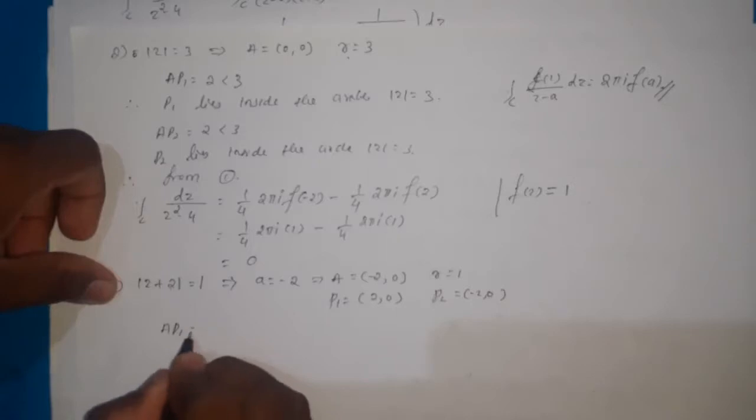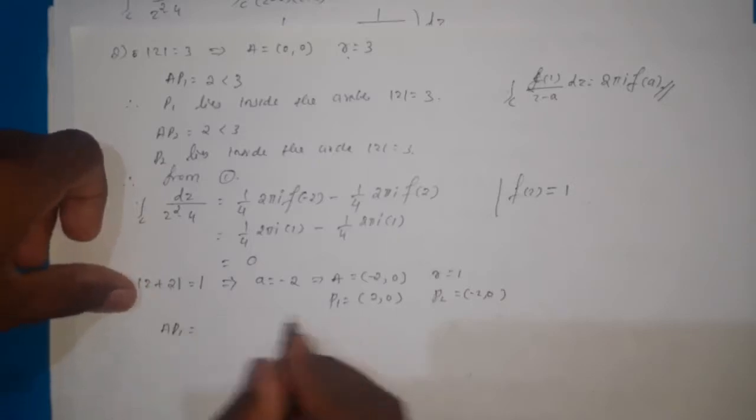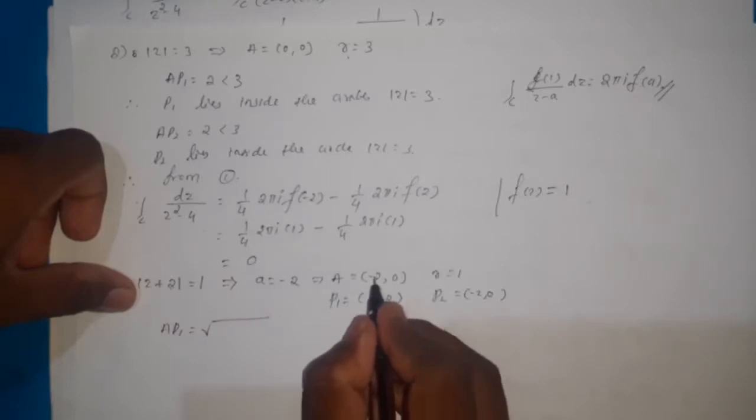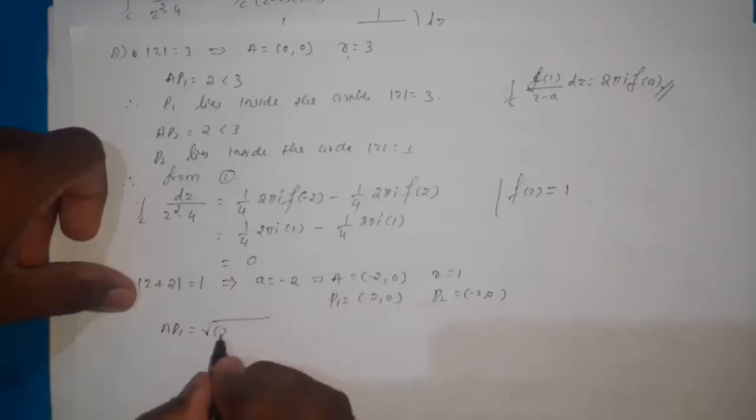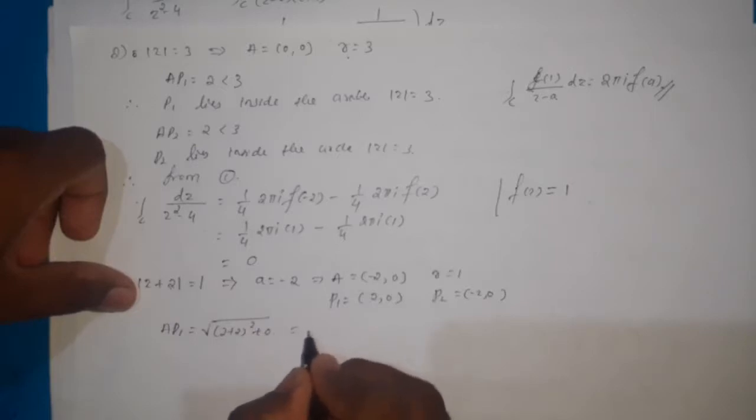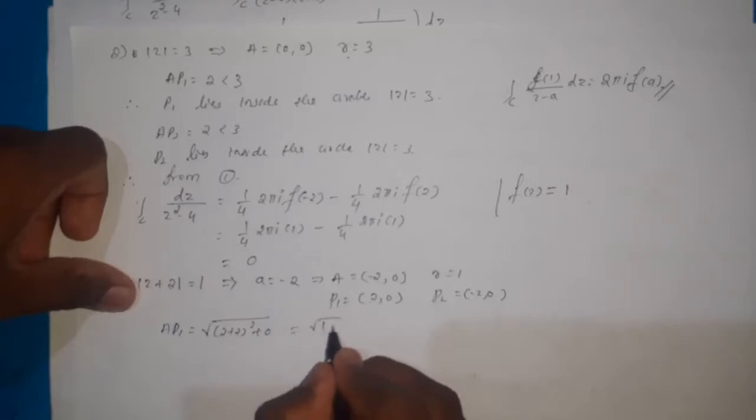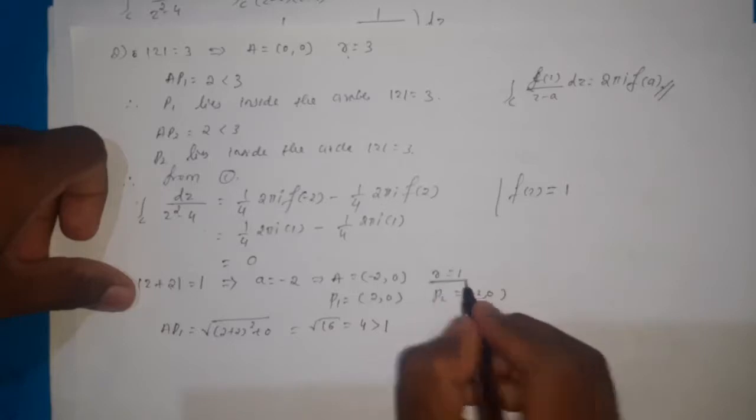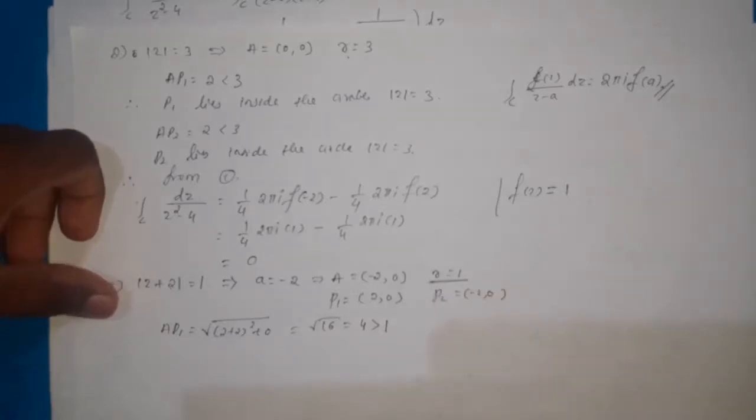Then AP1 is equal to square root of 2 minus of minus 2, that is 2 plus 2 whole square plus 0, which is equal to square root of 16, which is equal to 4 and greater than 1, because here the radius value is 1.